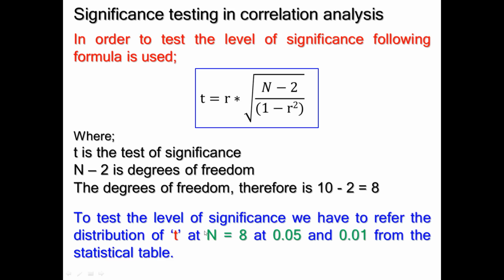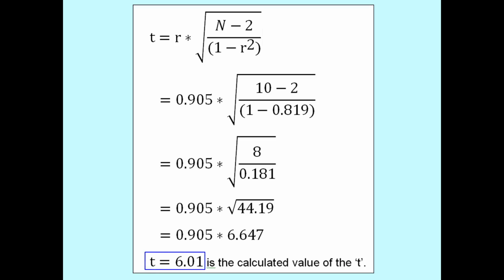To test the level of significance, we have to refer to the distribution of t at n equal to 8, at 0.05 and 0.01 from the standard statistical table. So t is calculated in this manner. The formula was already explained to you in the earlier slide.